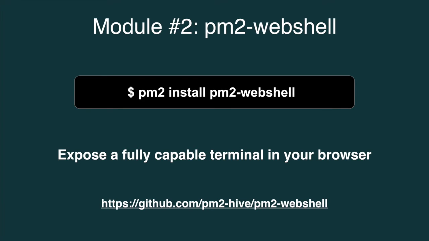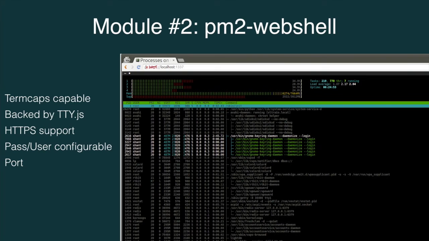So it means that you can use Emacs, you can use Vim, you can use HTOP, you can use anything you want, even on Windows and so on. It looks like this. So you just install this module, and after you will be able to connect on localhost or from remote into pm2-web-shell, and you will have this terminal fully capable.